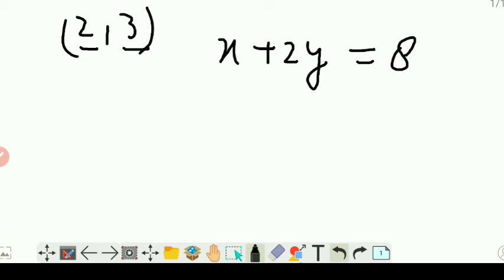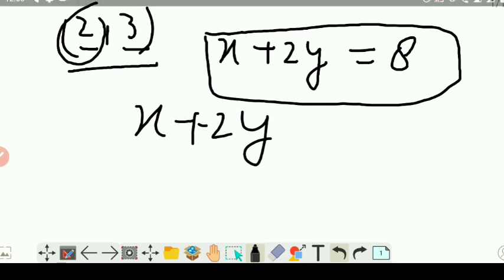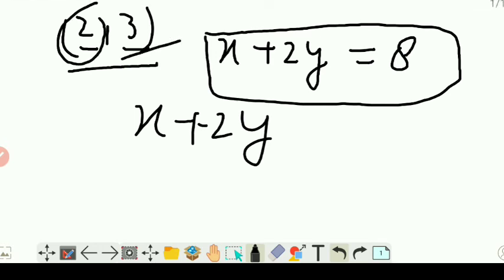Again, listen to me: check whether 2 comma 3 is the solution of the linear equation in two variables x plus 2y is equal to 8, yes or no. How do we check? We take the LHS part, that is x plus 2y, and from the given solution the value of x is 2 and the value of y is 3. We put the value of x in place of x and the value of y in place of y.